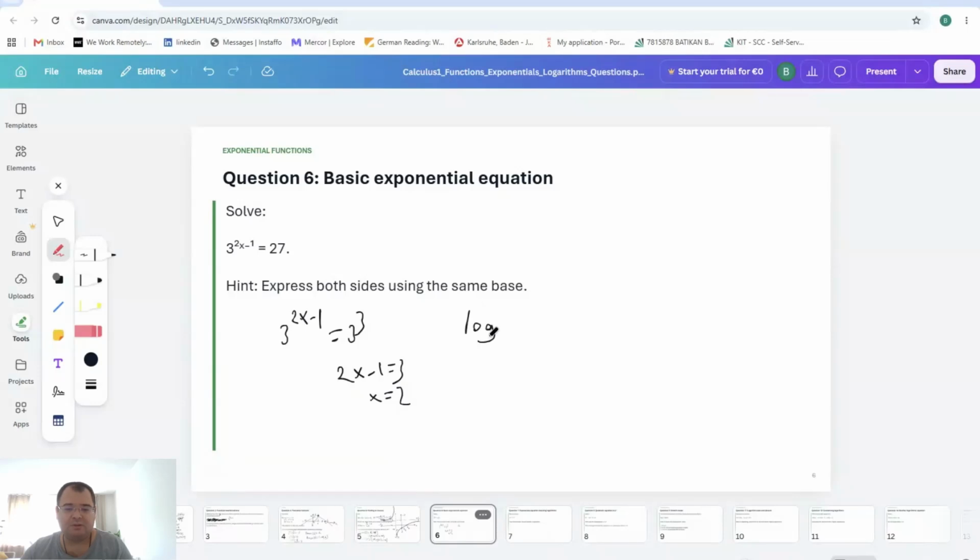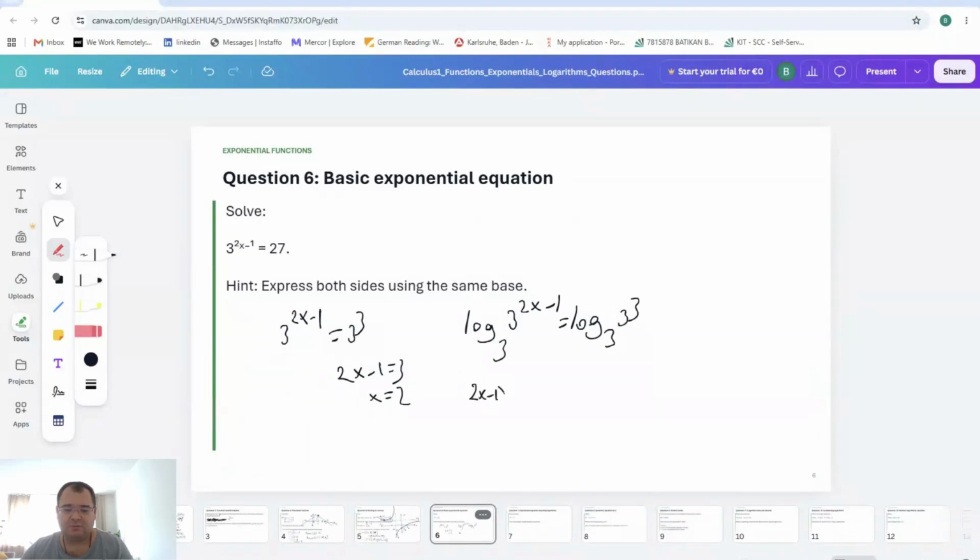When you take the logarithm of both sides with base 3, 3 to the 2x minus 1 equals 27, which can be written as 3 to the 3. In logarithms, we have learned a power rule: when you have an exponent inside the logarithm, you can put that exponent outside of the logarithm function.